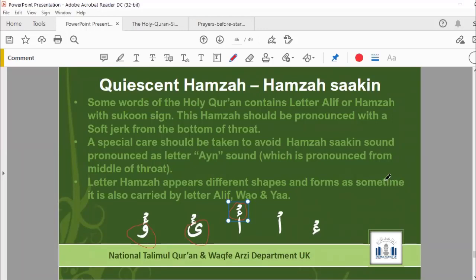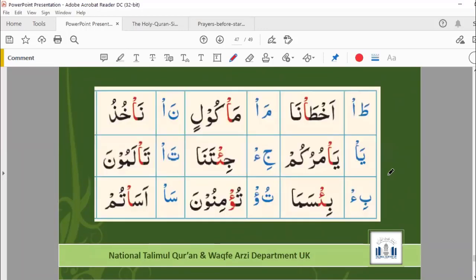The examples. How will you pronounce this first? This one is ta. This one is alif with a sukoon. It becomes hamza sakin, yes.